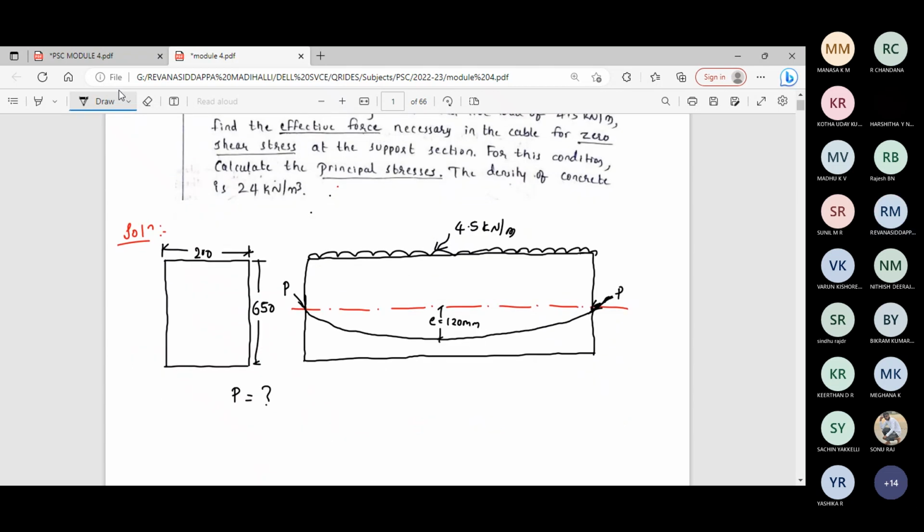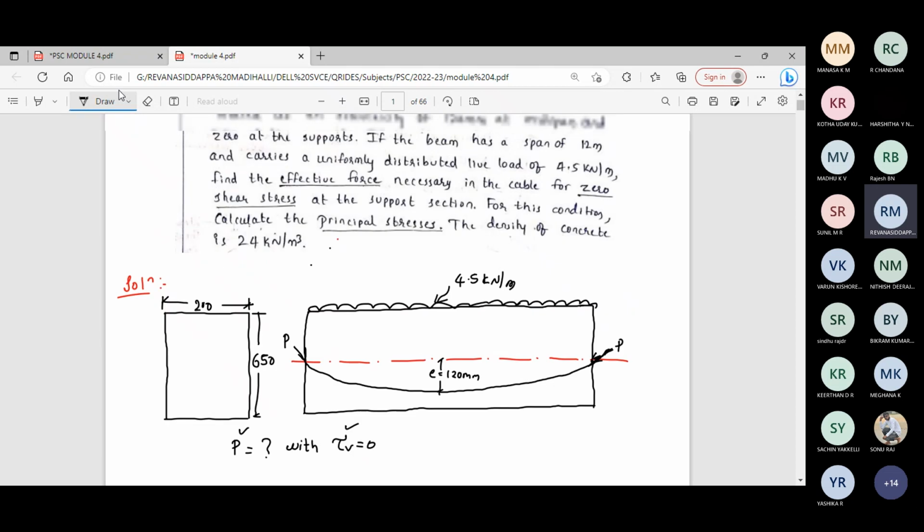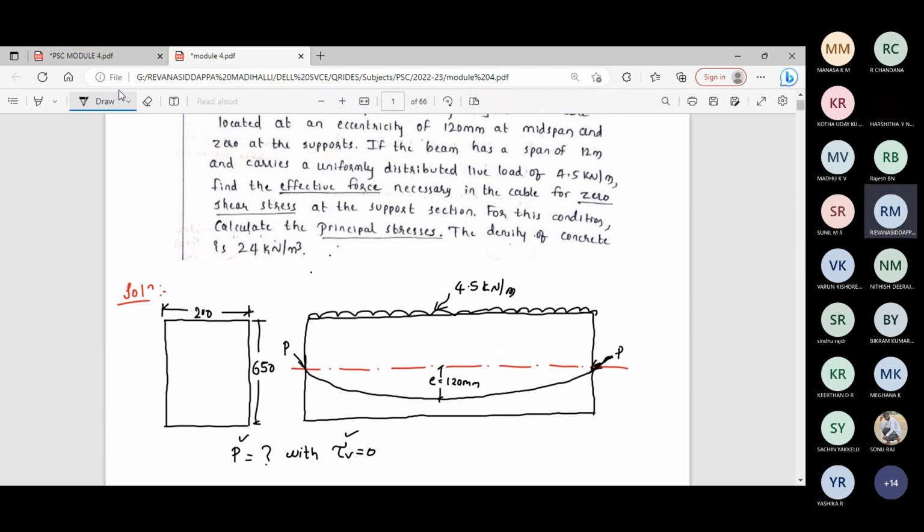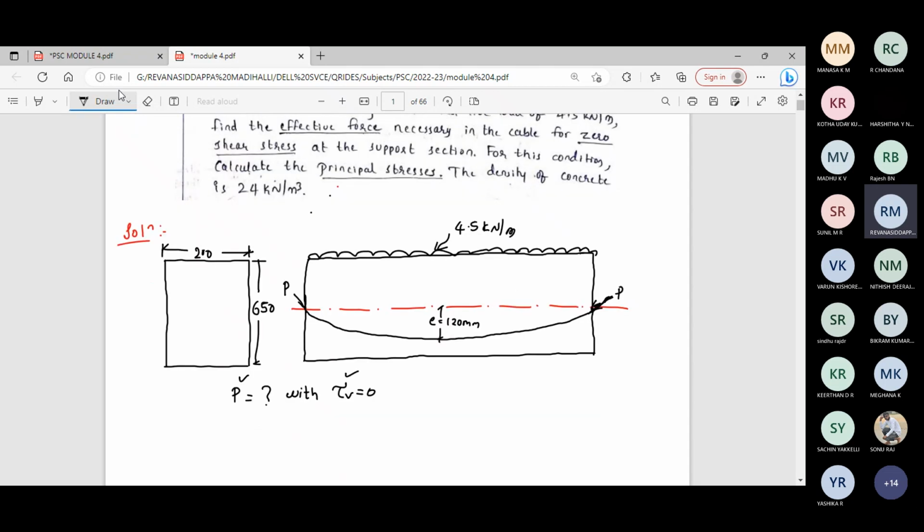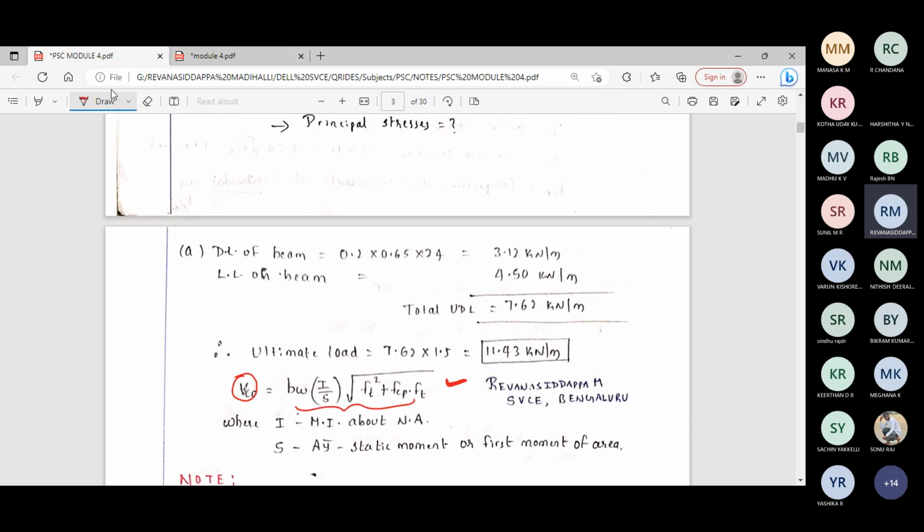With τ equal to 0, we have to find the magnitude of the prestressing force P with the condition that shear stress at the support is equal to 0. That's the first question. For this condition, calculate the principal stresses, that is sigma minimum and sigma maximum.